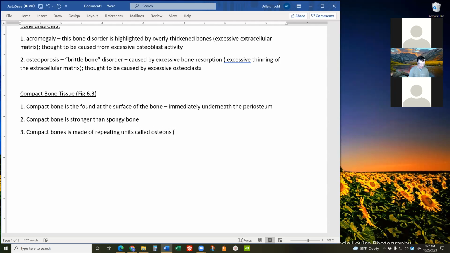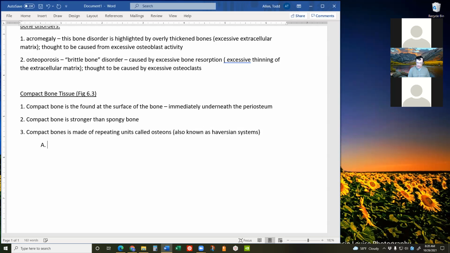Osteons are also known as Haversian systems. You might see them described that way in other textbooks and other pieces of education and training, but I'm going to stick with the simple term osteon.